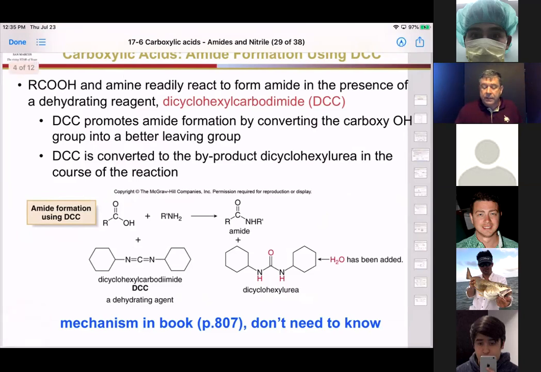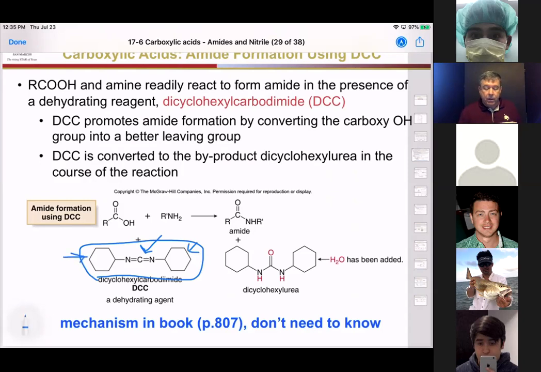In this case, we use what we call dicyclohexylcarbodiimide, or DCC. It looks something like this. The key feature here is that you have two carbon-nitrogen double bonds centered on this section. The cyclohexyls are just used to make it fairly soluble in many organic solvents.